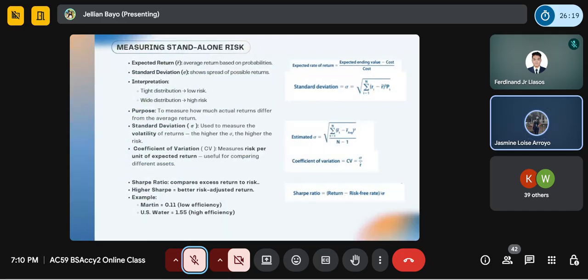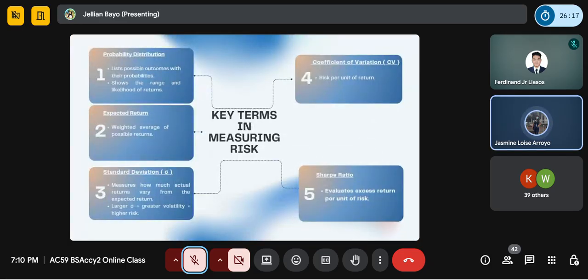Next is the expected return. This is the average return an investor expects from the asset. It is always based on the possible outcomes, so it represents the most likely return you will receive.